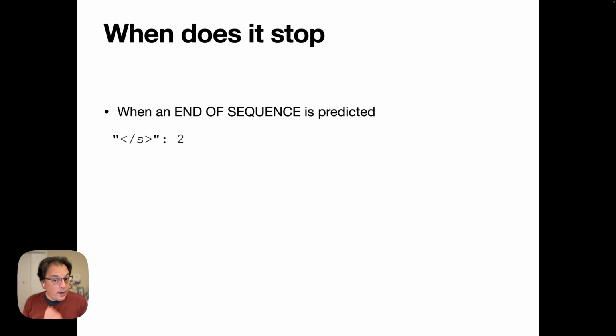Now the question is, when does it stop? That is explained best if we make a slight detour into how LLMs are trained, because we train them with basically text from the internet.